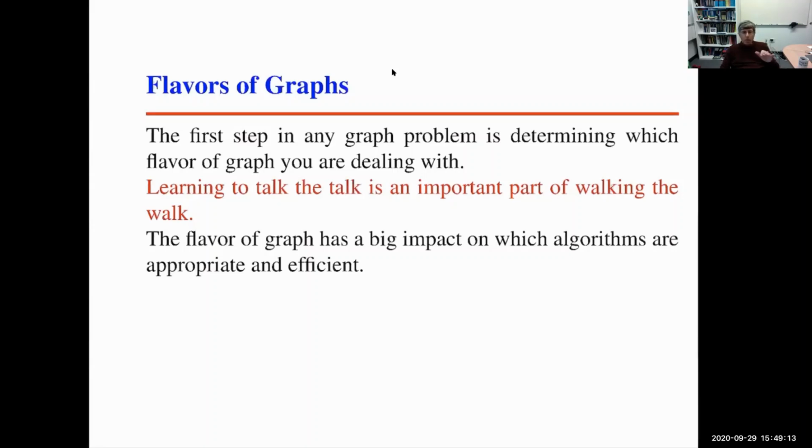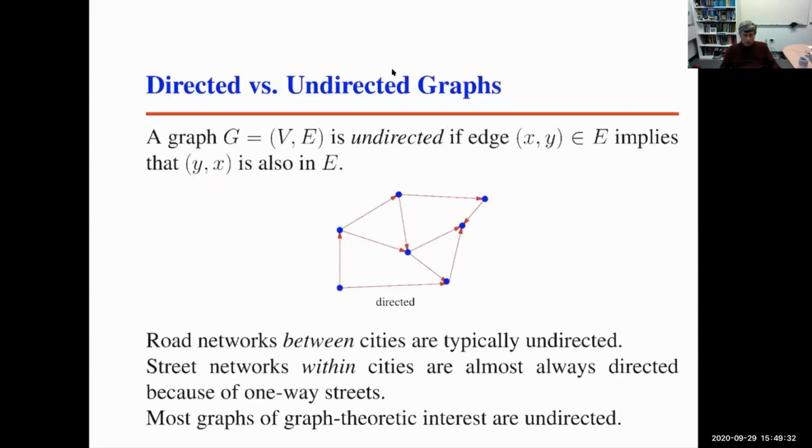And once you know about your network, sometimes what problem it is falls out naturally. What algorithm you should use will fall out naturally once you know what kind of network you have. So what I'd like to now do is talk about some of the main categorizations of graphs. It's important you understand these words and what the implications of them are, because I'm going to use this vocabulary a lot.